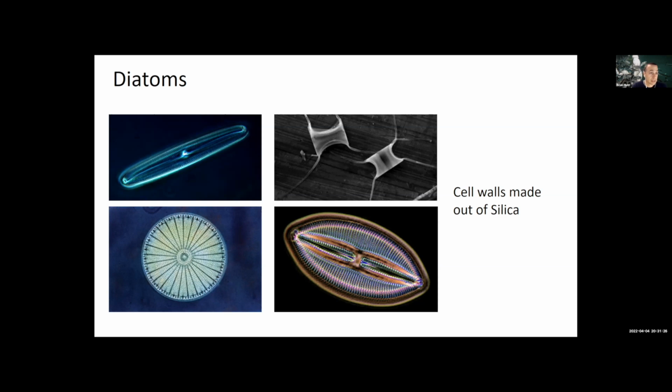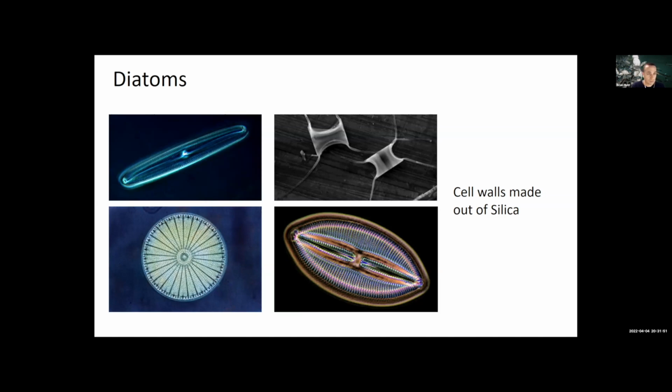So they really depend on high silicate concentrations in the water, which we have in our area in part because of the glacial runoff. A lot of erosion from the mountains is eroding silicate into the water, and that gets washed out into the Salish Sea. So we have very high concentrations here, which is good for diatoms.